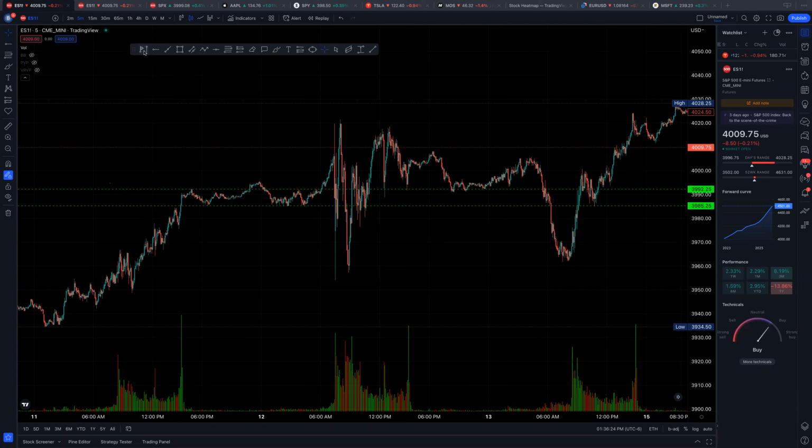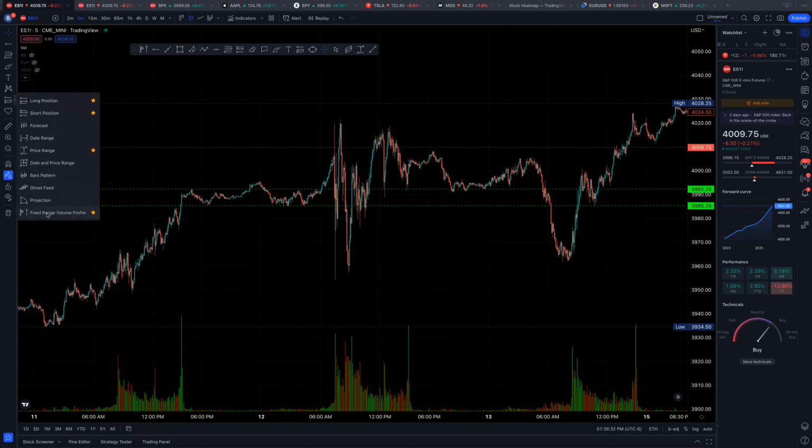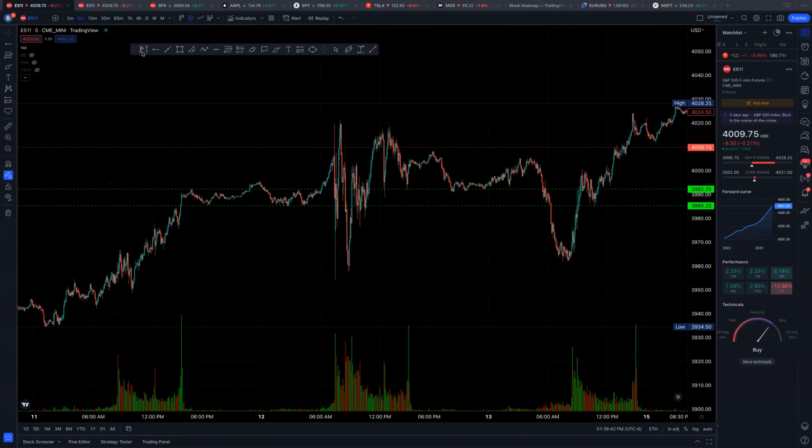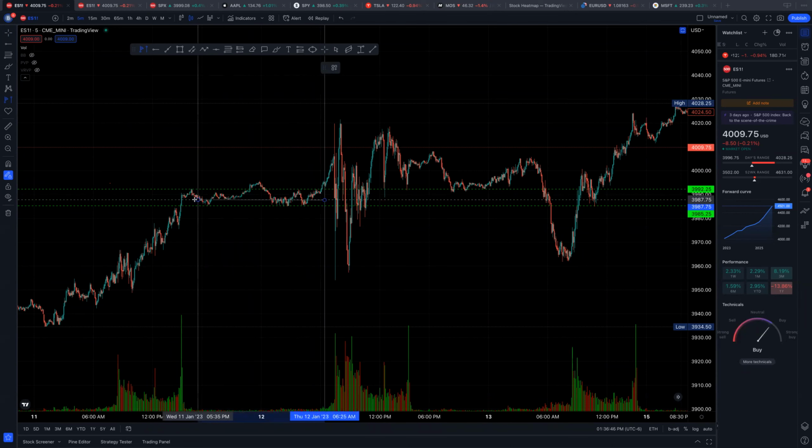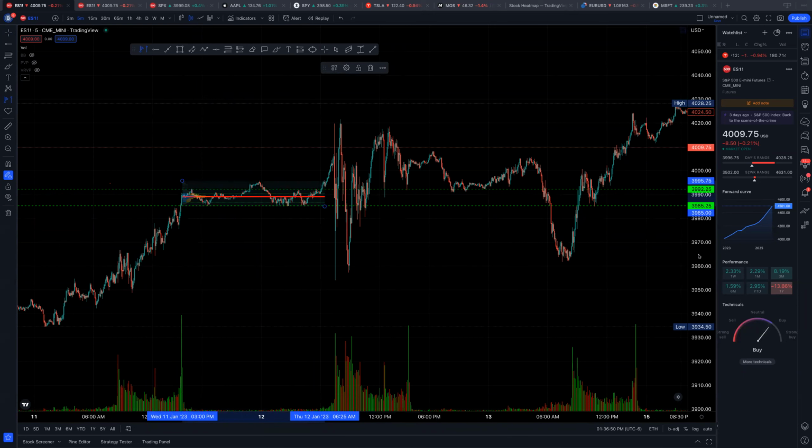This is the tool that Max is talking about, the fixed range volume profile, and you can get it on TradingView. I believe it's here. You go to this little tab right here where you can select long position, short position. Just click that and it'll give you the option to draw your own point of control from one point to another.